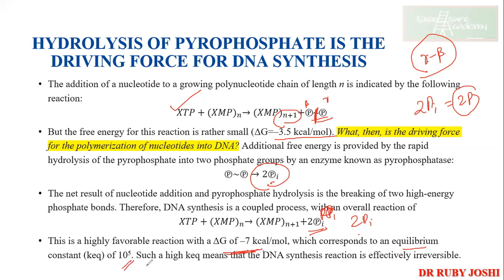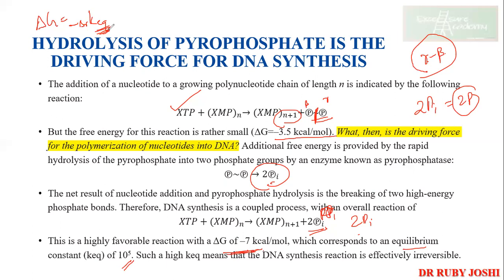So this will make the DNA synthesis irreversible. If you know the relationship between the delta G and the equilibrium constant, negative nRT, we write it like this. From this, you should understand that it is hard to reverse and make the bond.